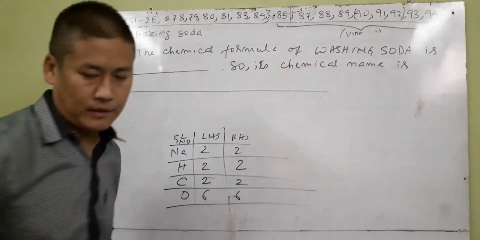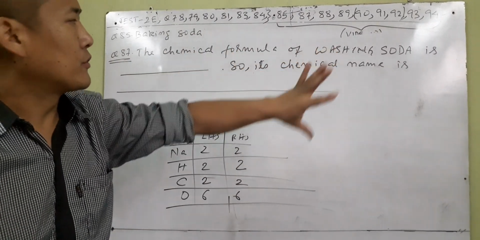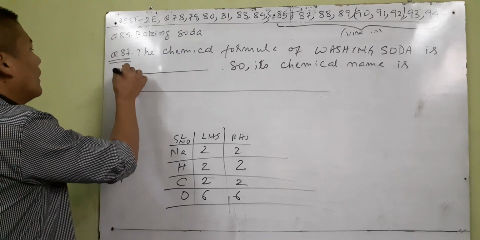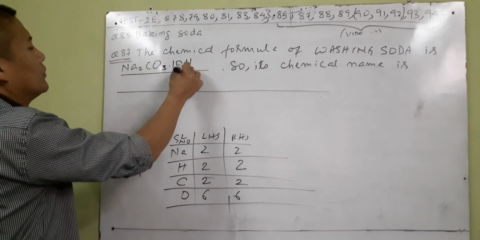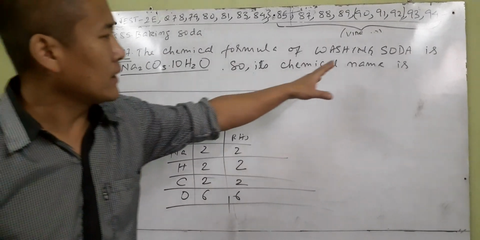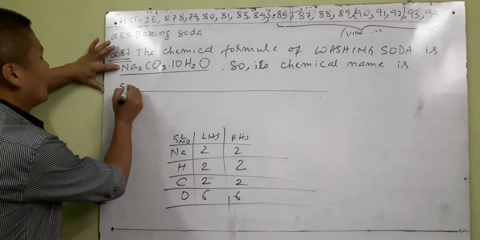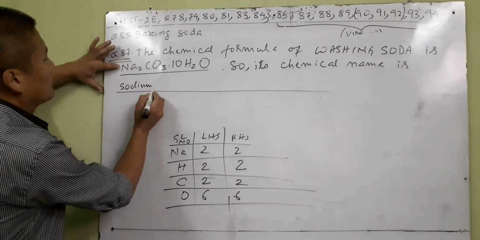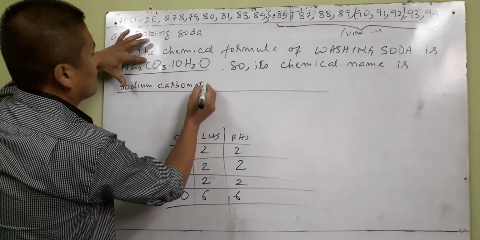Let's fill out the gaps. The chemical formula of washing soda, remember, is Na2CO3 dot 10H2O. So write it down, 10H2O. Its chemical name you can just look at this and write. We know by now this is the sodium ion, so sodium, and this part is the carbonate ion, so we write carbonate: sodium carbonate.